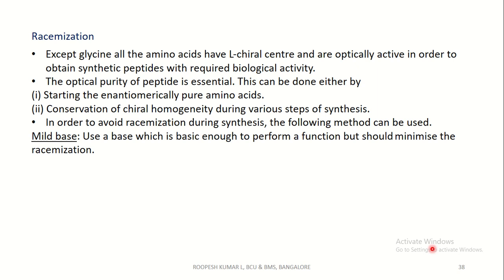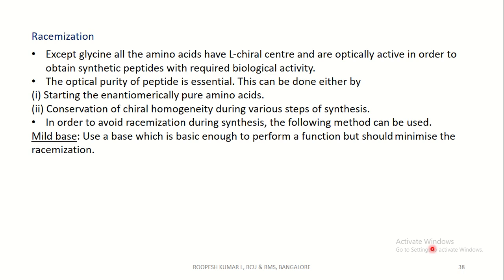Coming to racemization. Except glycine, we know that all amino acids are L amino acids, that is, L at the alpha carbon, and these are optically active. In order to obtain synthetic peptides with the required biological activity, the optical purity of the peptide is essential.